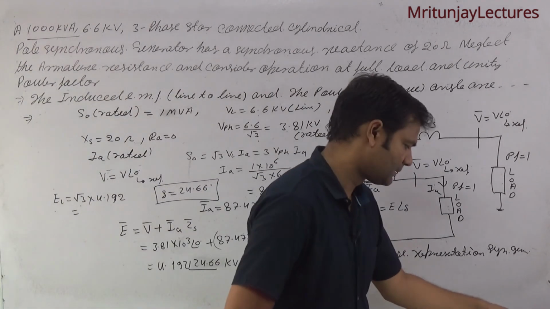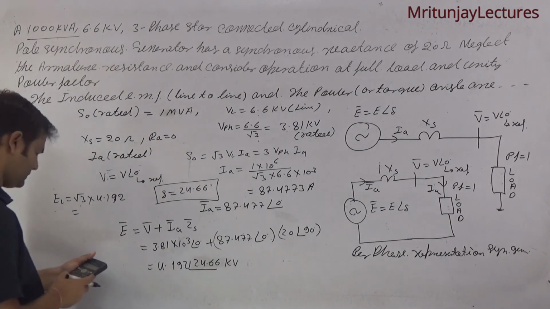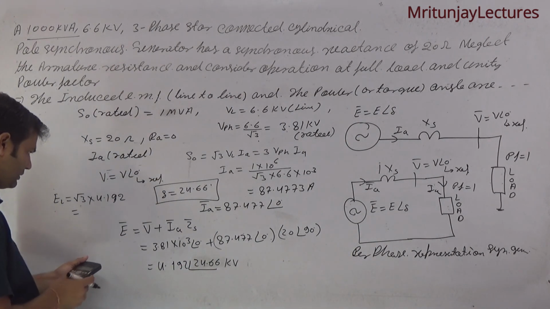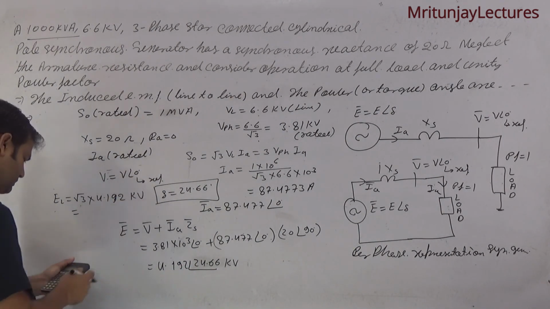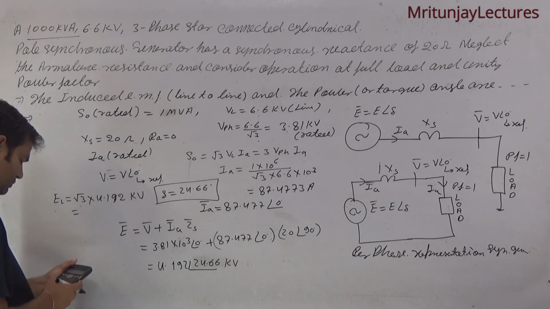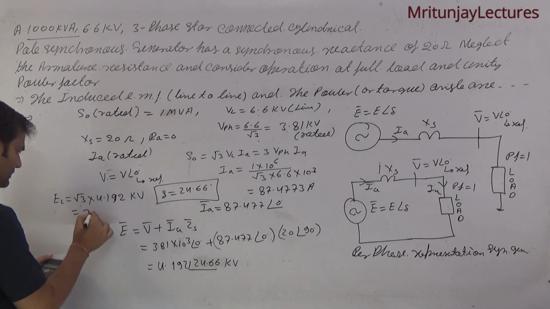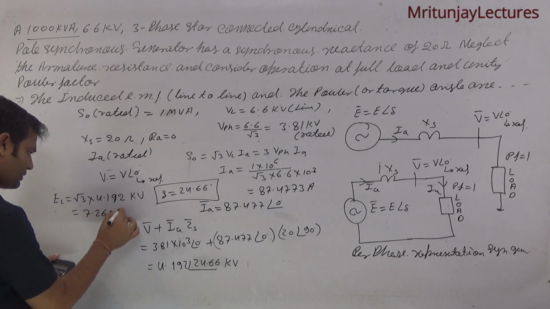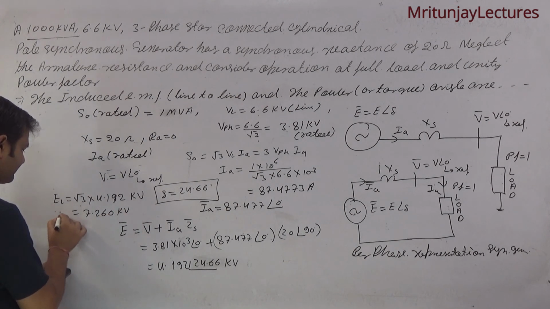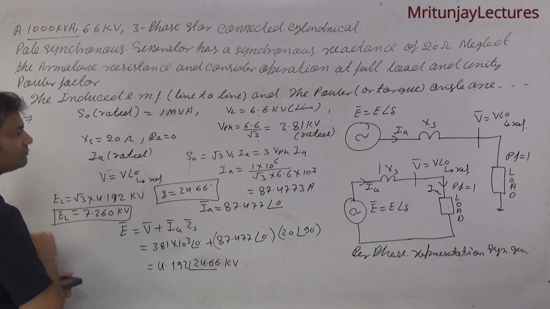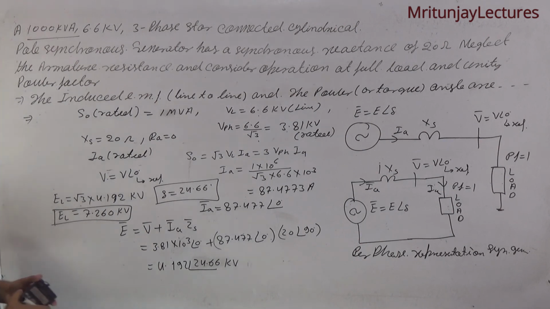So 4.192 kilovolt into root 3 gives 7.260 kilovolt, which is the answer. Okay, make it.